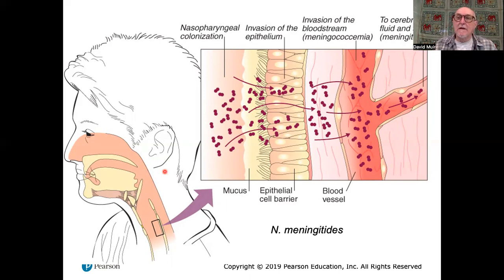And it will initially infect the cerebrospinal fluid, and then the tissues, the membrane surrounding the brain, and especially the meninges.